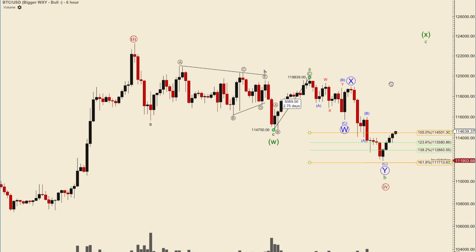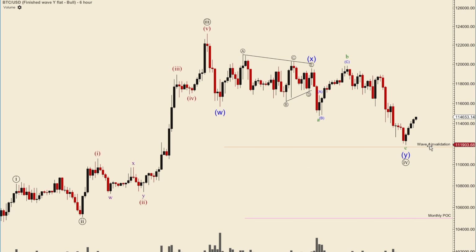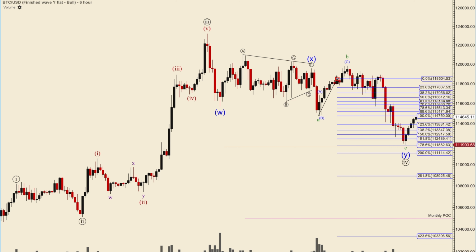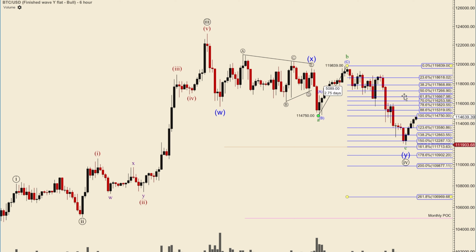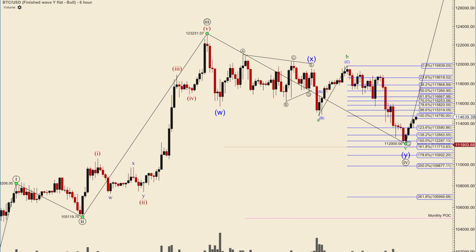And that has basically the same level as this invalidation. So if I pretend that we are in this count here, you can see that 161.8 of wave B in an expanded flat also lines up exactly on wave 4's fib here.